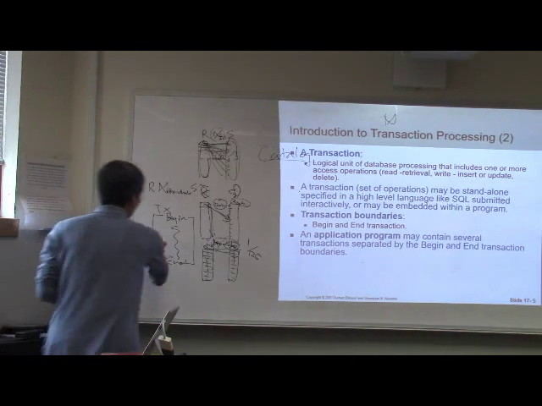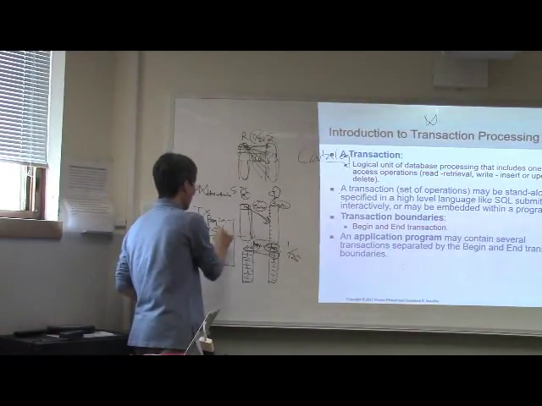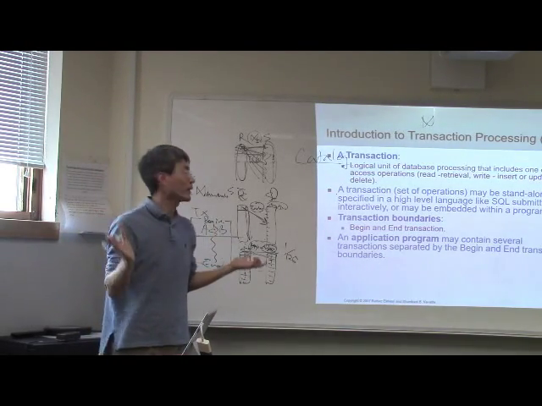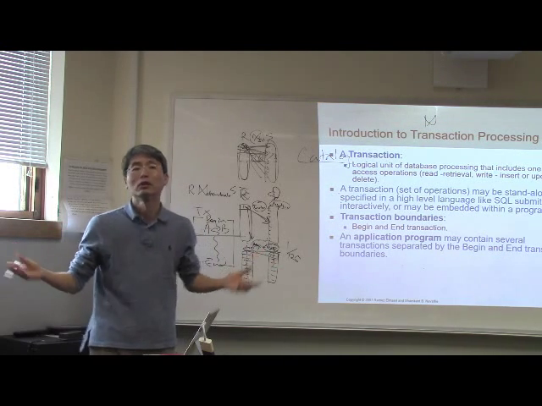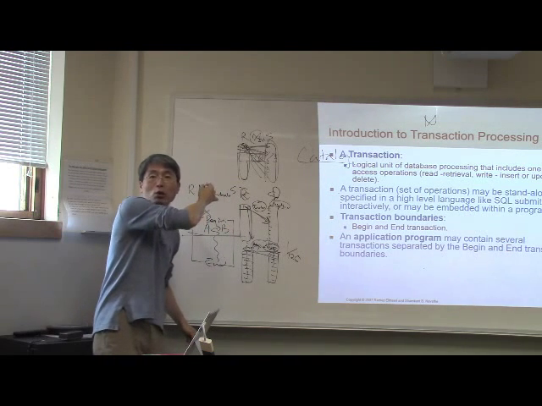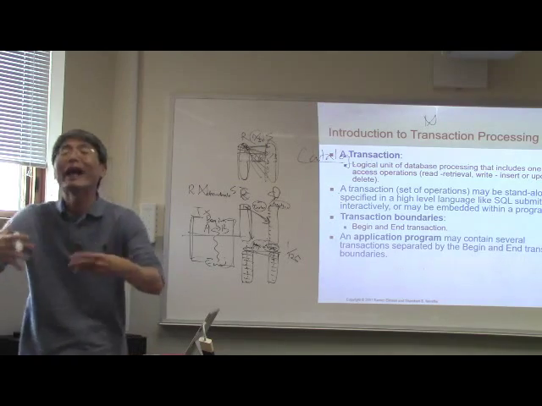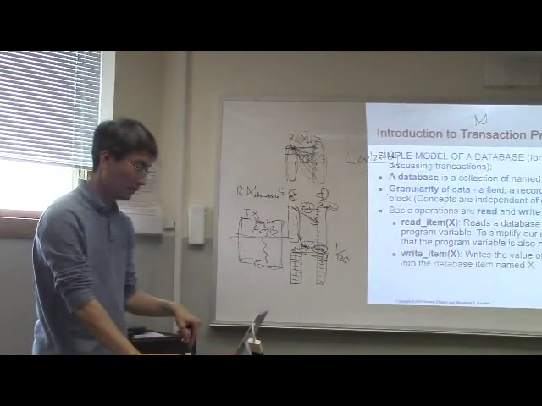If something happens in the middle of the transaction, say we update data A to B, but in the middle the transaction is killed, terminated, then this data should go back to the original. So all these operations work together until the end of the transaction. That is a transaction.